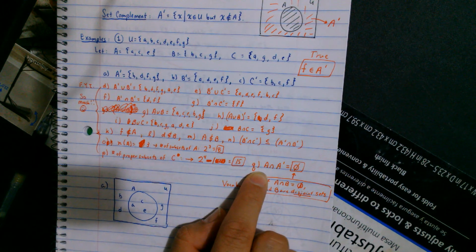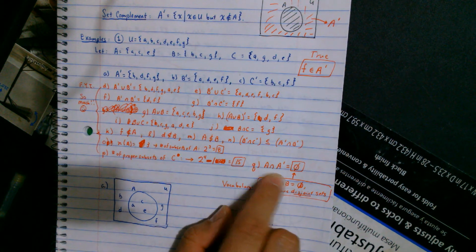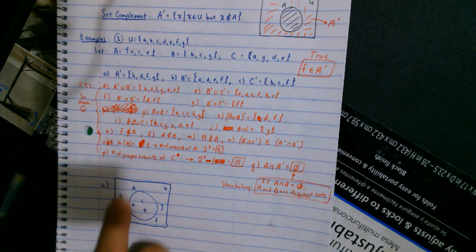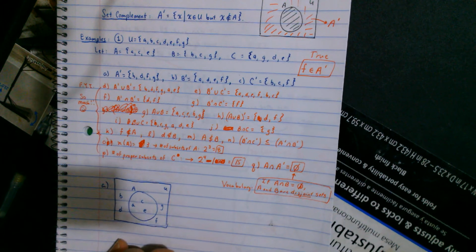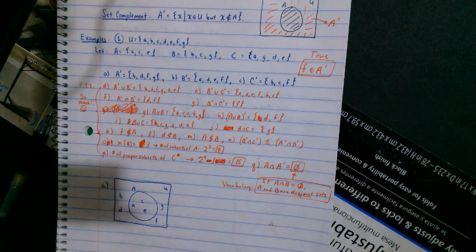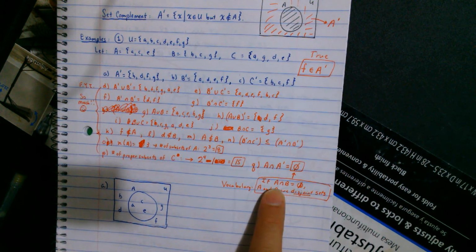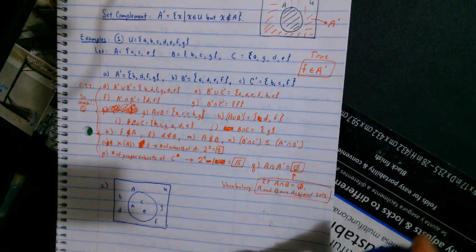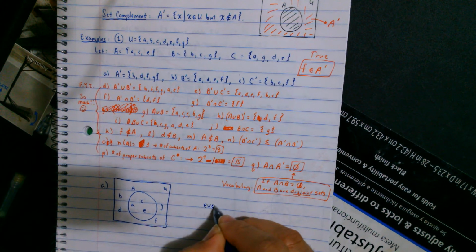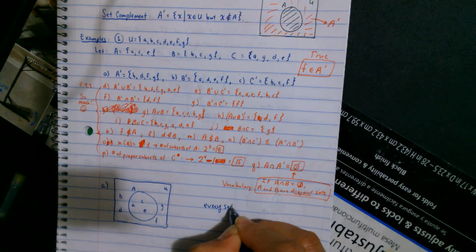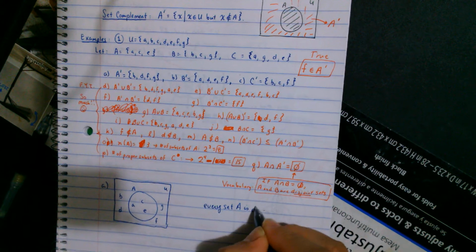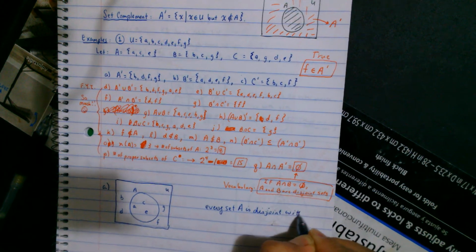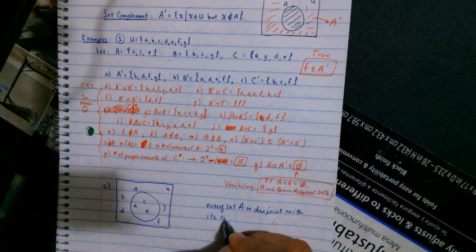And notice, if I take A and I intersect with its complement, if I take what's in the circle and I intersect with what is not in the circle, there's no way they're ever going to have anything in common. So I said earlier, if their intersection is the empty set, they're called disjoint sets. So every set A is disjoint with its complement.